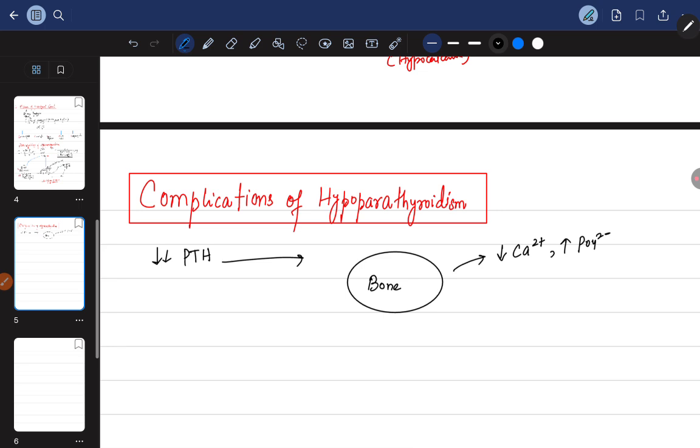Similarly, PTH to the kidneys, there will be decreased vitamin D absorption, there will be decreased vitamin D synthesis, and finally there will be decreased absorption of calcium from the gut.